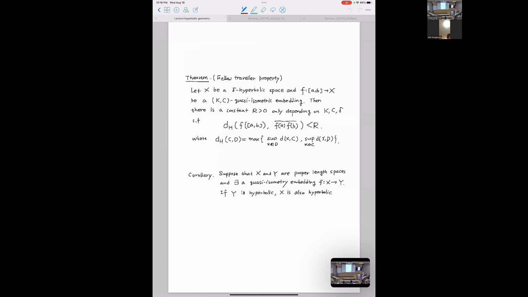Okay, this theorem is a very important theorem in Gromov hyperbolic spaces, the so-called Morse lemma, or stability of quasi-geodesics.